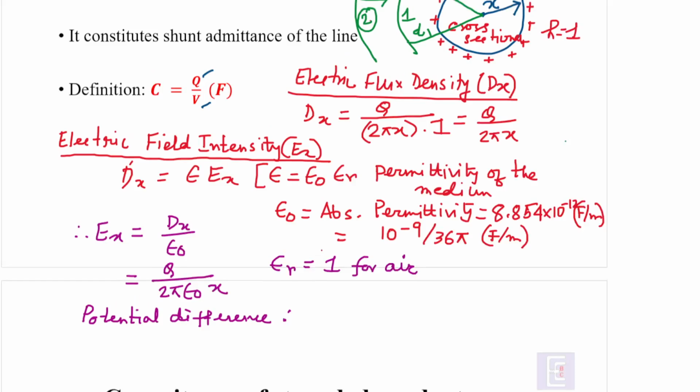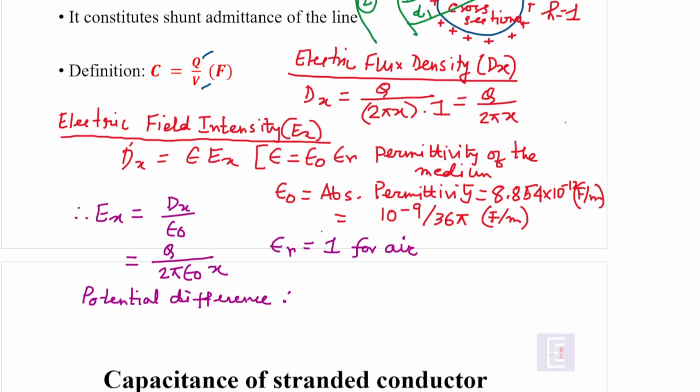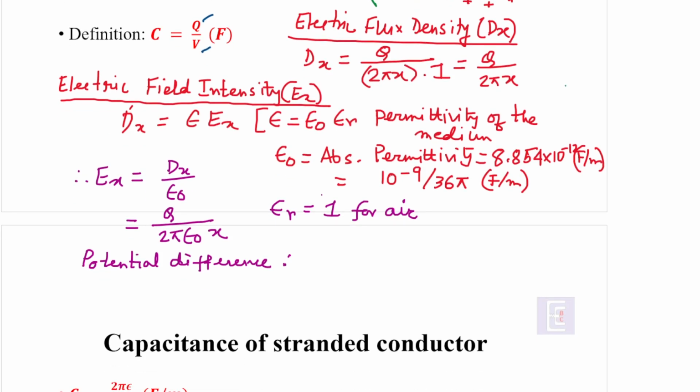Sorry. So my potential difference V12 can be written as: you have to integrate Ex dx with a negative sign from 2 to 1.